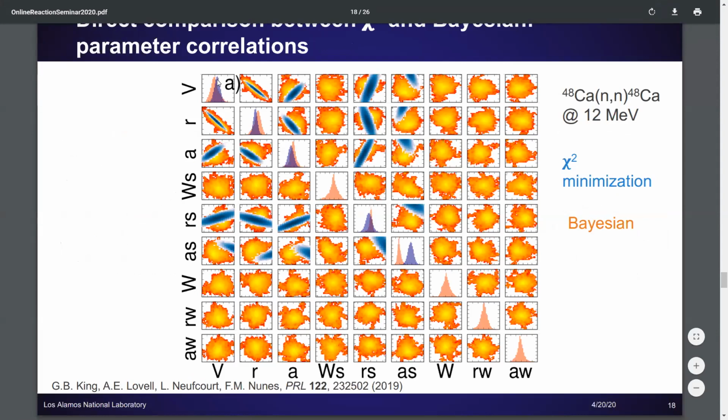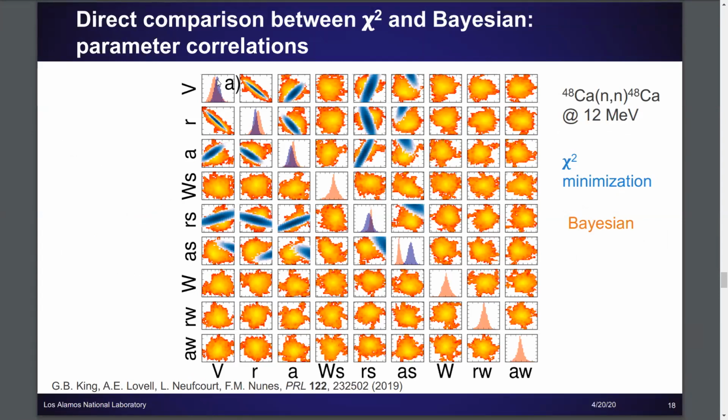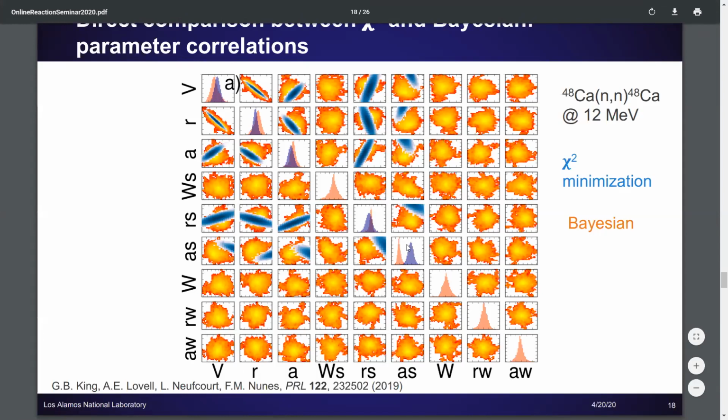Let me explain this plot first before I get into the details. Along the diagonal, we have the posterior distributions of the parameters, which are named along the bottom and up the side. So you can see the minimum in parameter space and how wide each of these distributions are. You notice again, for all of the chi-square minimizations, these are very Gaussian.